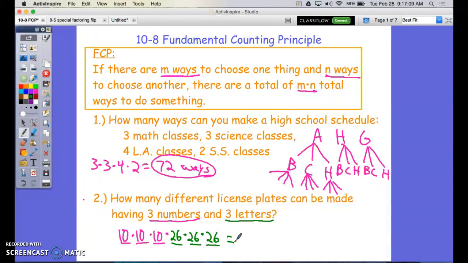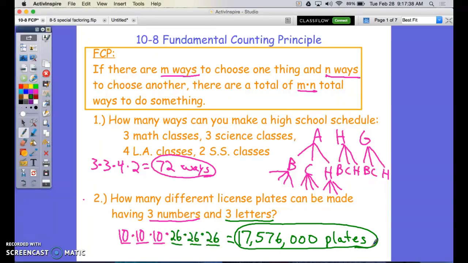So when I go ahead and multiply those together, when I take 26 cubed, 26 times 26 times 26, we get 17,576 times 1,000 leaves us with 17,576,000 different ways or different plates that we could have in that given state.